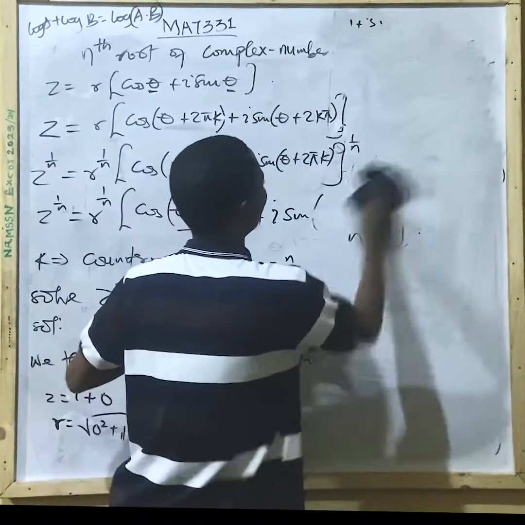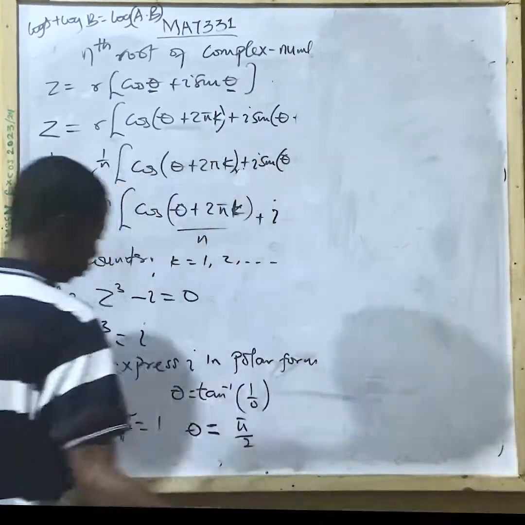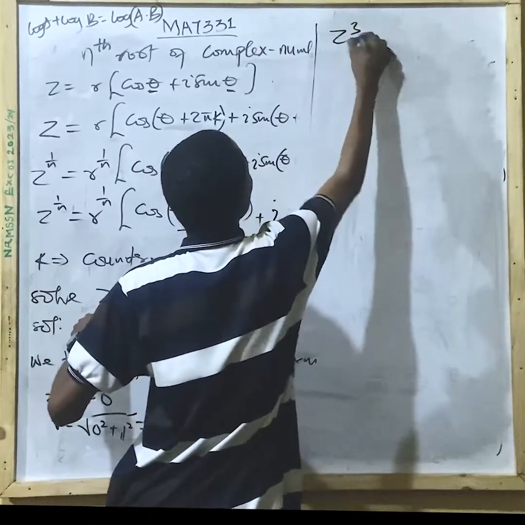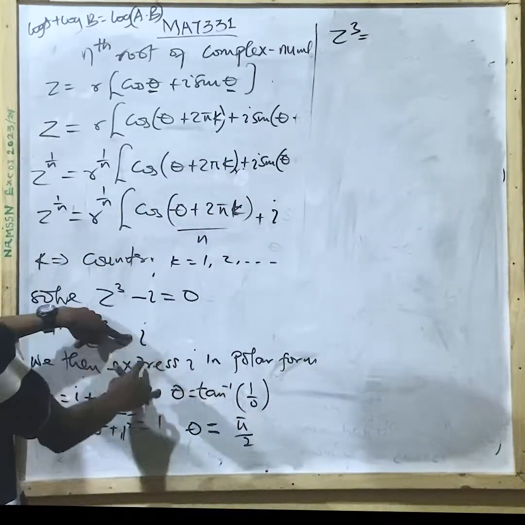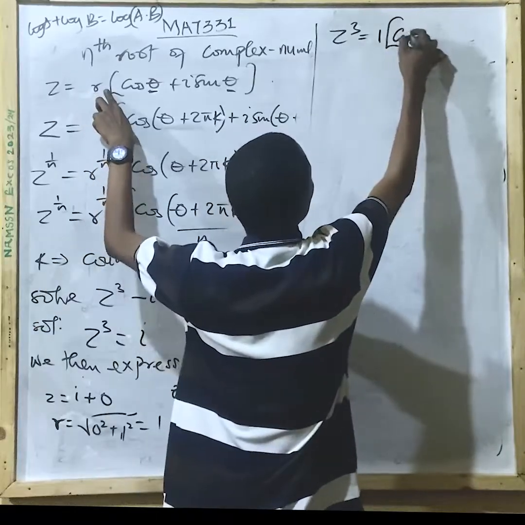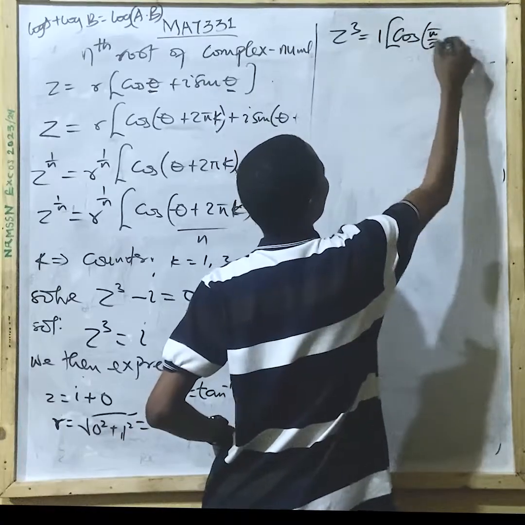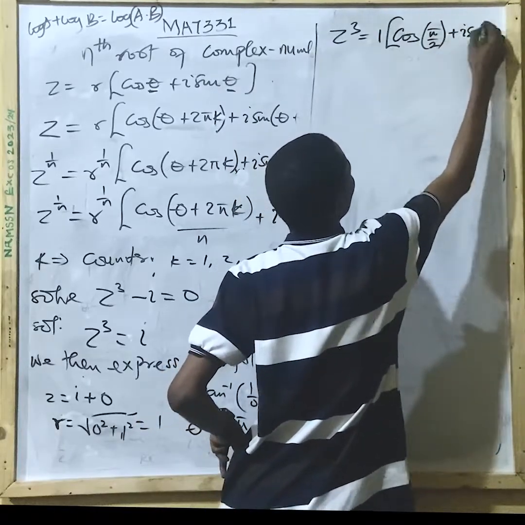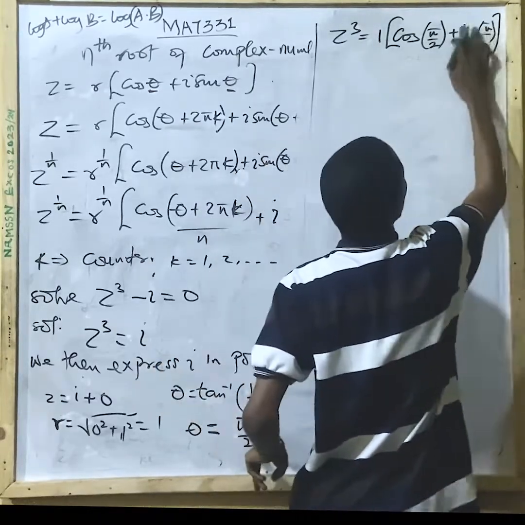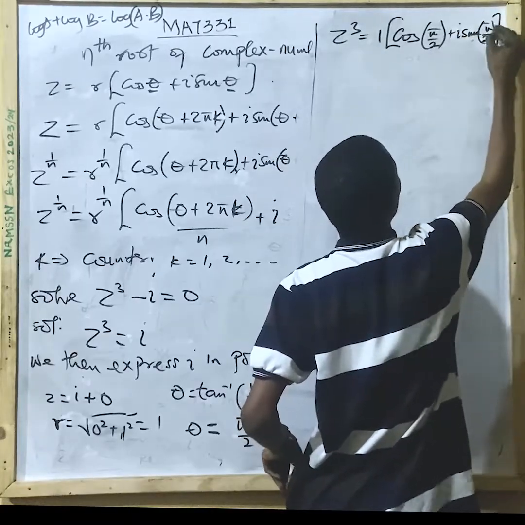So we are going to have z raised to power 3 equals 1 times cos pi over 2 plus i sin pi over 2.